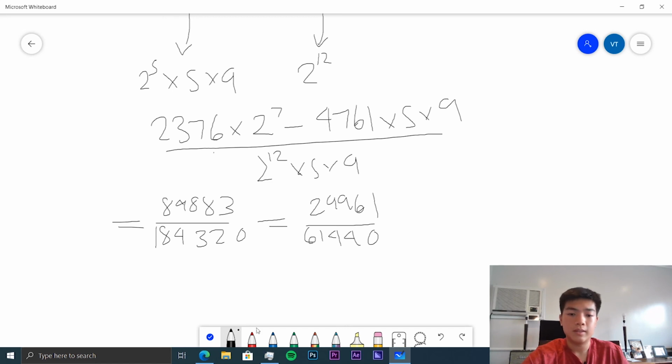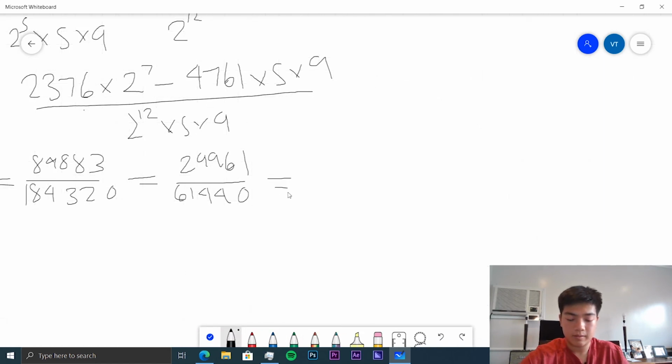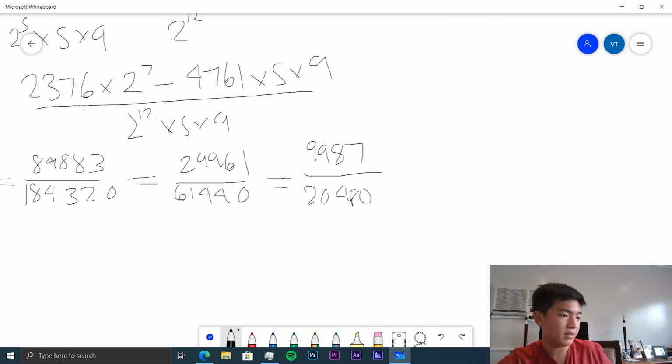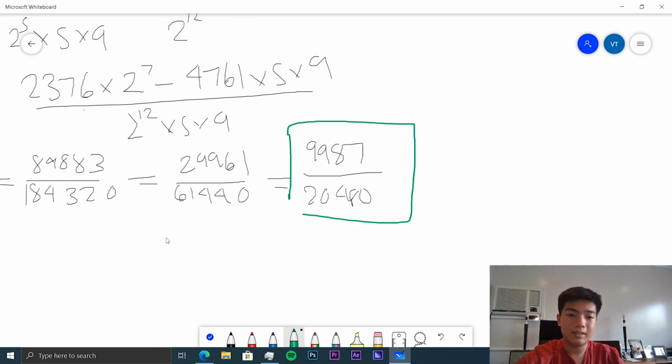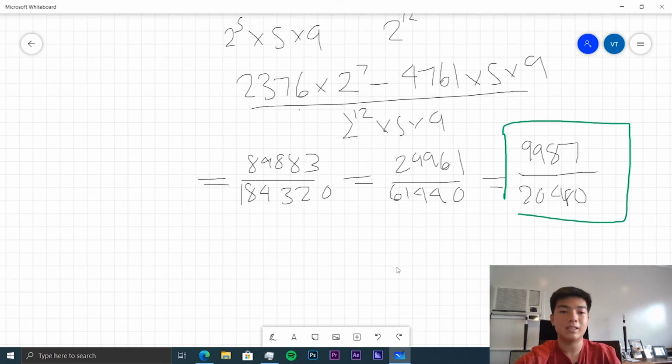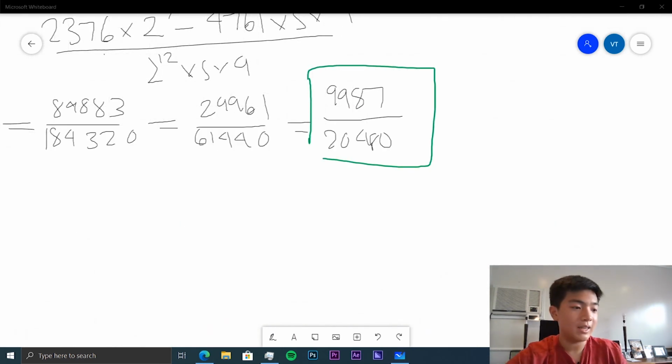They are still both divisible by 3. So 9987 over 20480. Yeah, these aren't divisible by 3 anymore. So yeah, I think this is the smallest that we can get it to. So this is the variance of this original function. Well, quite a long question. I hope you enjoyed, and I hope to see you in the next speedrun. See you then.